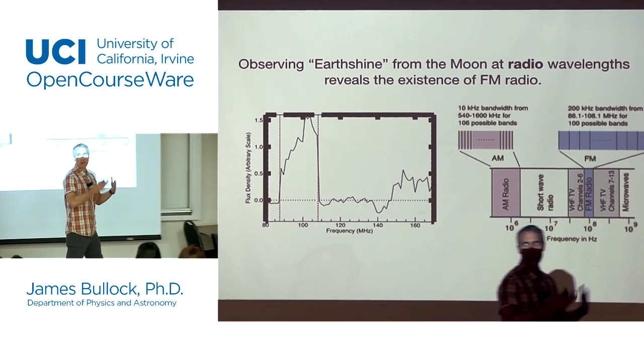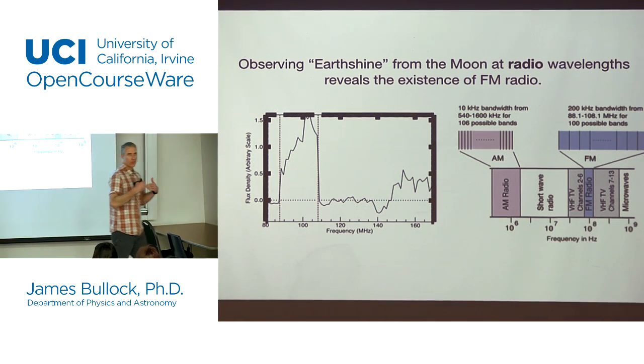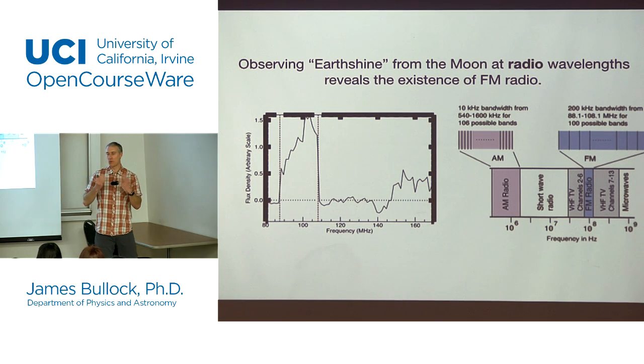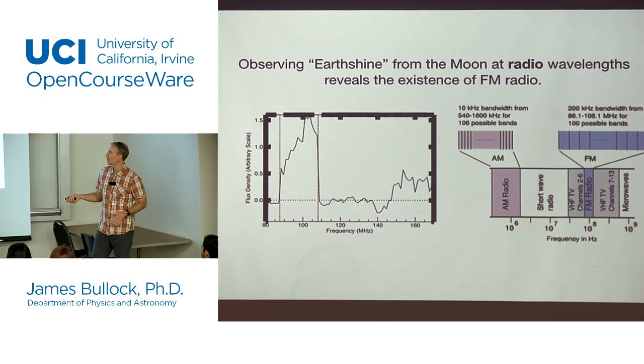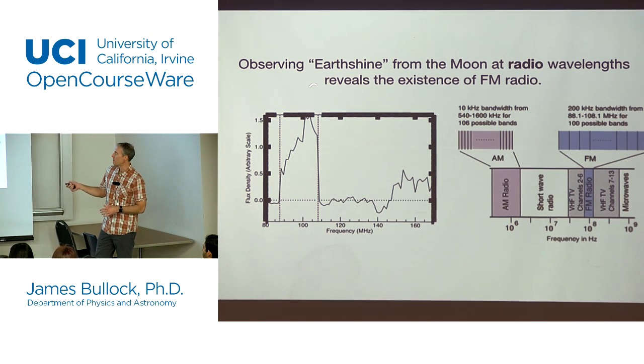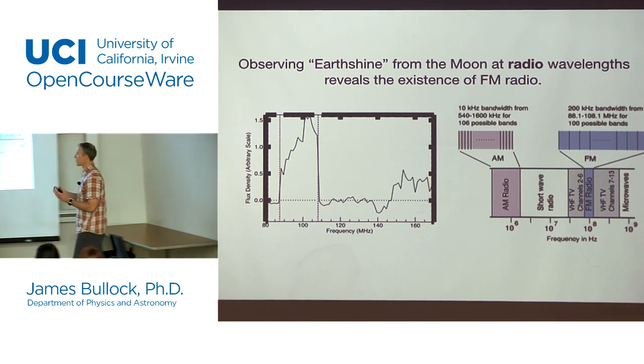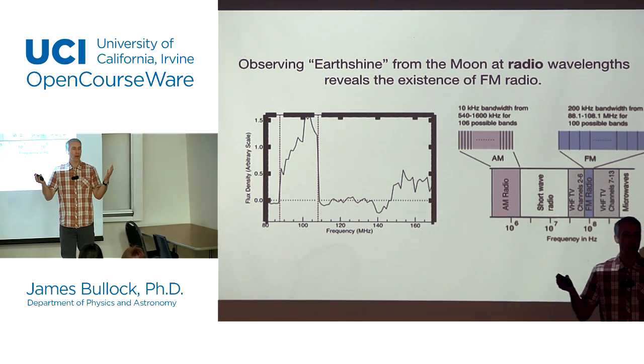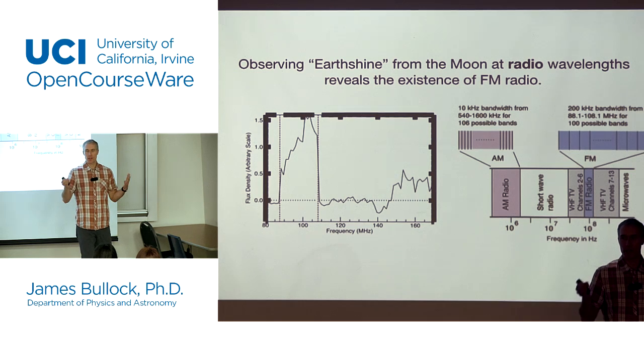So there's FM radio signals just streaming off the Earth. And if you knew what you were looking for, you would see this. It looks kind of crazy. There's this huge, huge bump. So that's just one example that there's stuff coming off the Earth right now that betrays our existence.